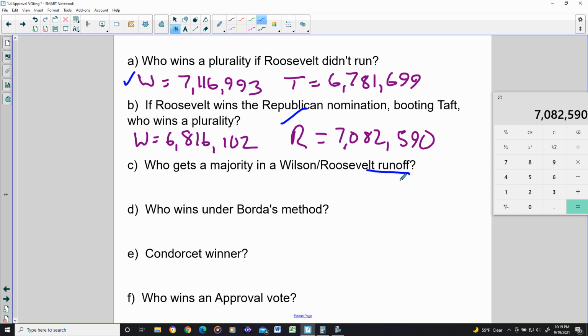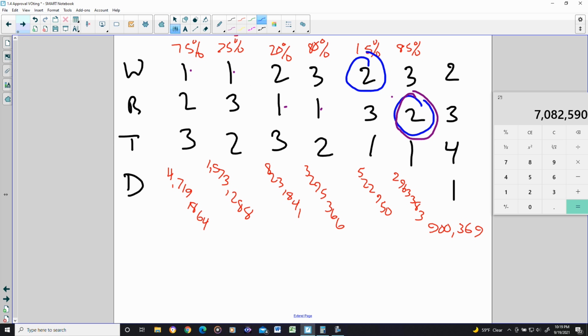But if this were a runoff, what would happen? In a runoff, Wilson and Roosevelt would be here, but Taft and Debs would be gone. And all of these votes, these 900,000 votes, we can assume that a vast majority of them are going to go to Wilson.